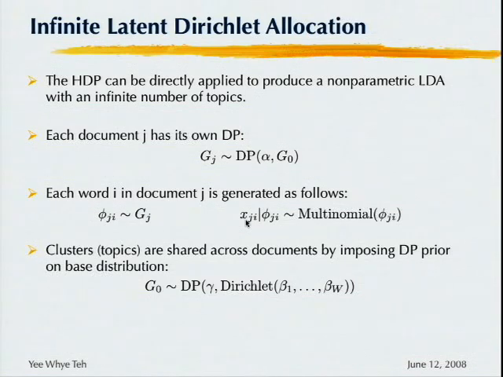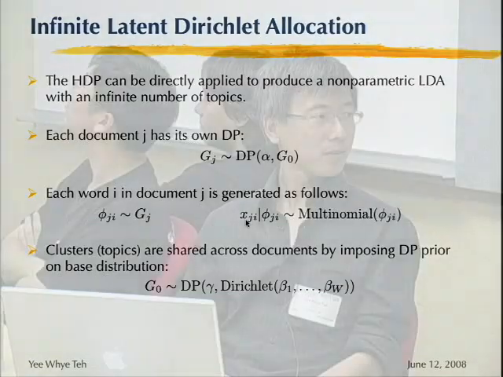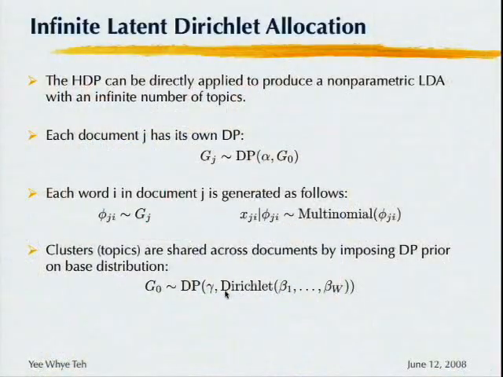I have another question. Yes. Because here the base distribution is defined on the W, the vocabulary, so it's finite. It seems the G0 is not going to be an infinite sum. No, it's actually an infinite sum here, because this Dirichlet is a finite dimensional distribution, but it's still a smooth distribution.